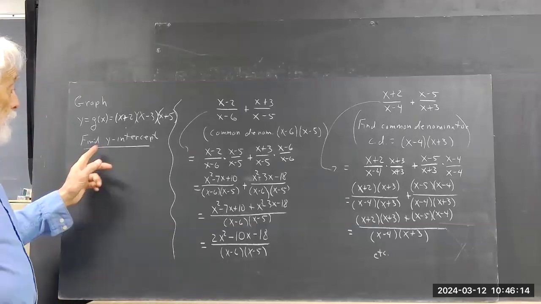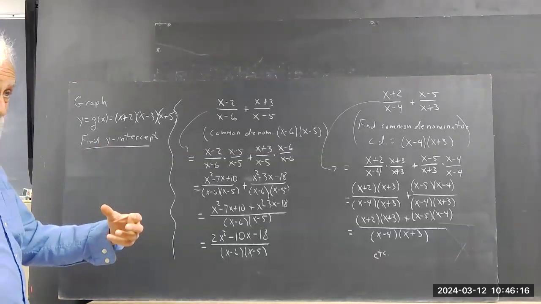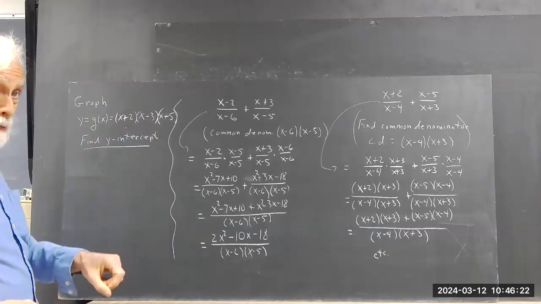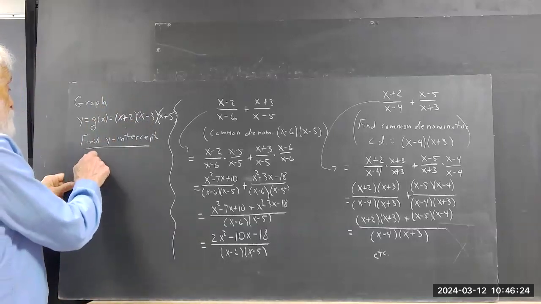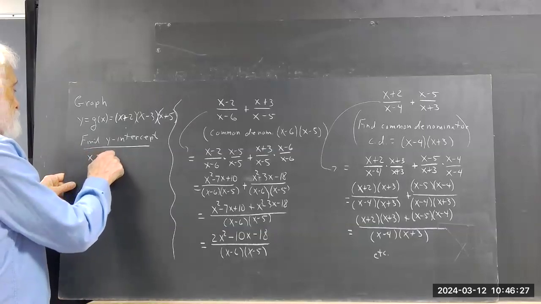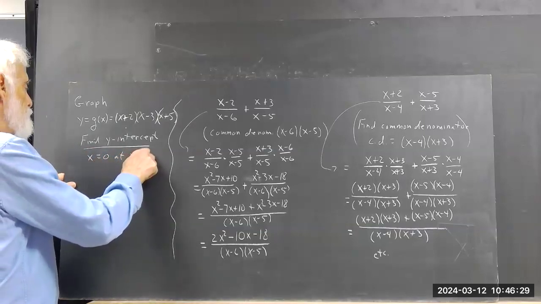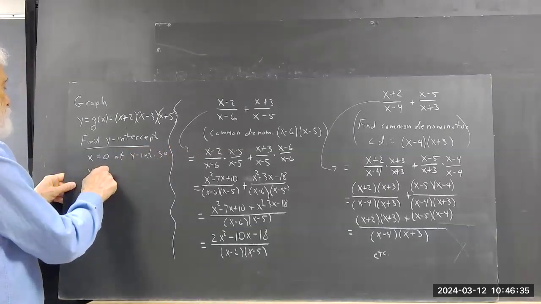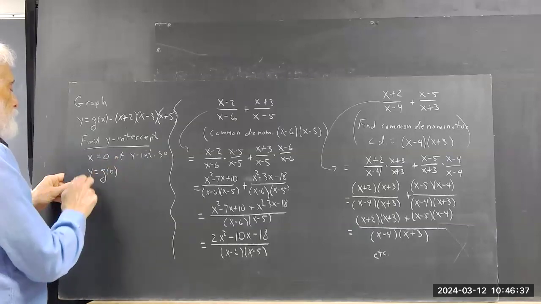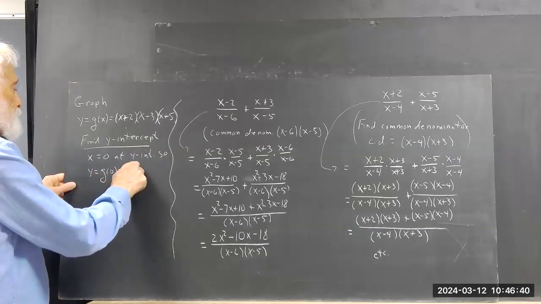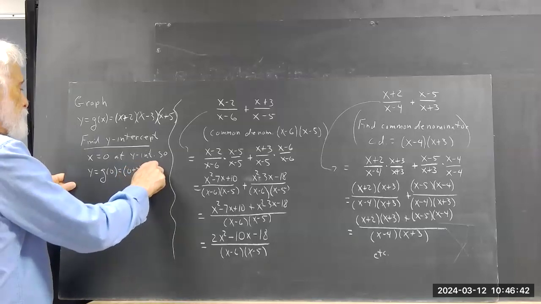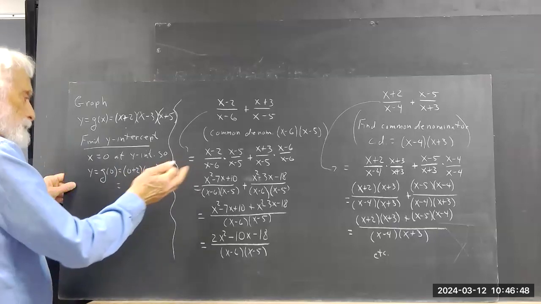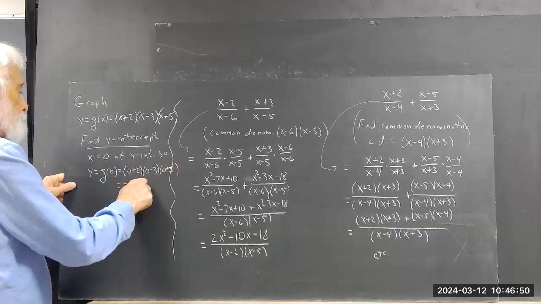That's automatic. When you see y-intercept, you think x equals 0, because on the y-axis, the x-coordinate is 0. Okay, so the y-intercept is y equals g of 0: 0 plus 2 times 0 minus 3 times 0 plus 5. And you multiply that out, and you get -30.